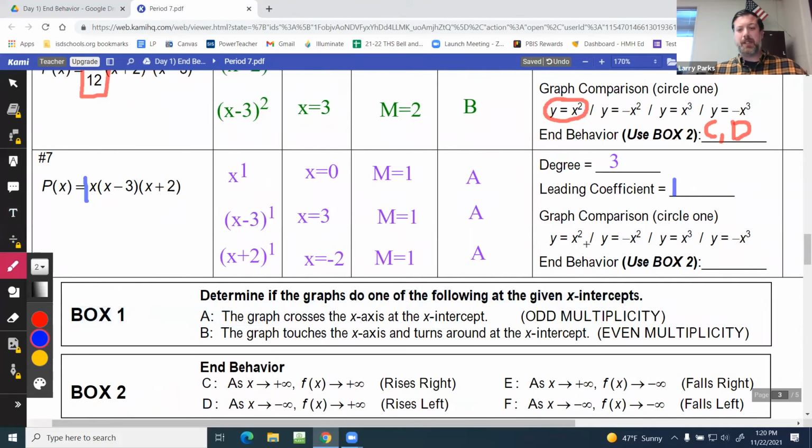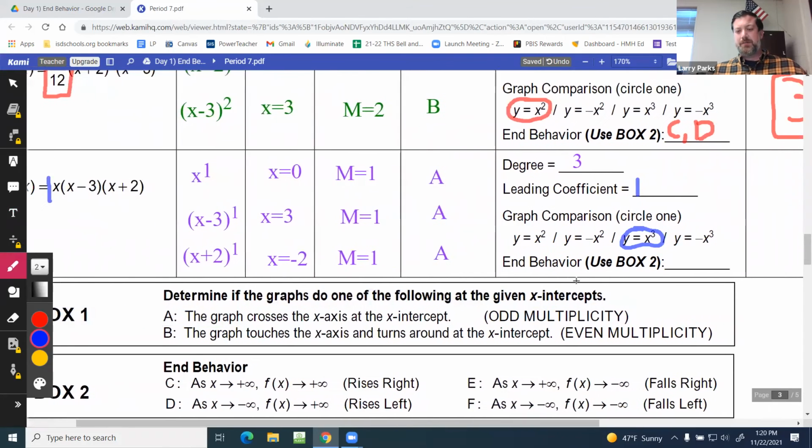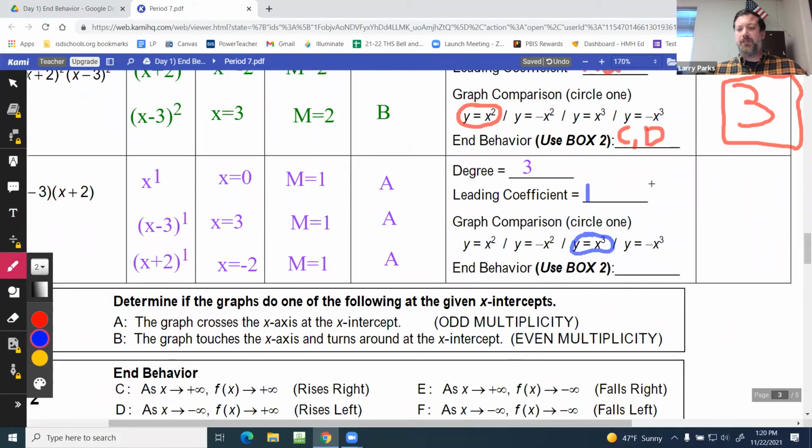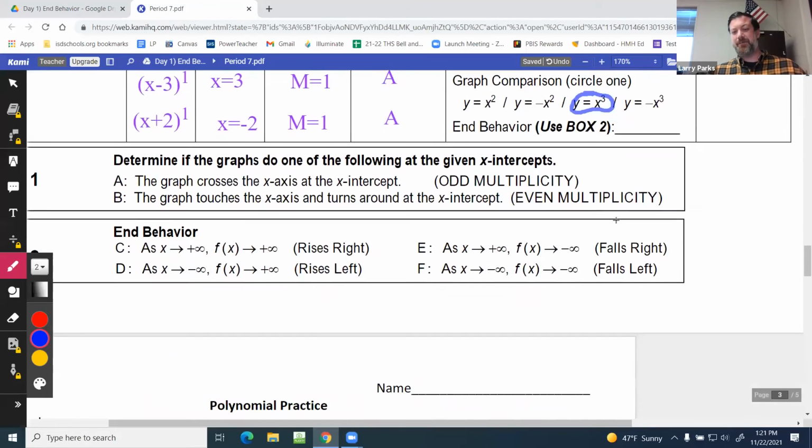I would compare this to x to the 3rd. Now, what's the end behavior? If the leading coefficient's positive, it opens up on the right. If this was negative, it opened down on the right. And because that's odd, whatever it did over here does the opposite. So we need the one that says falls on the left, rises on the right.